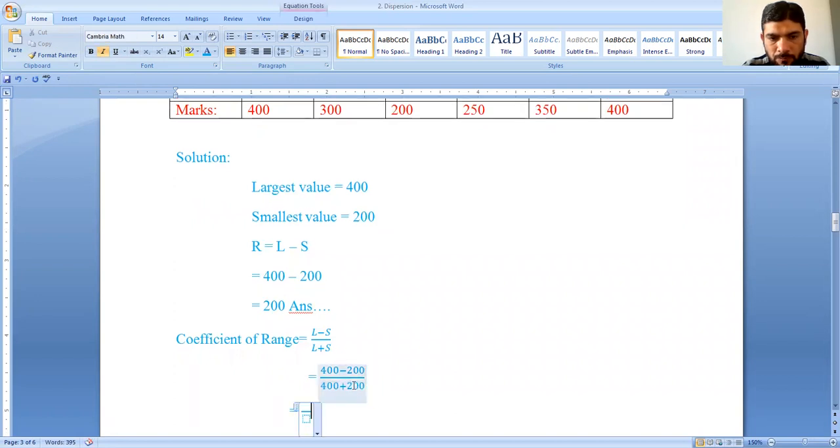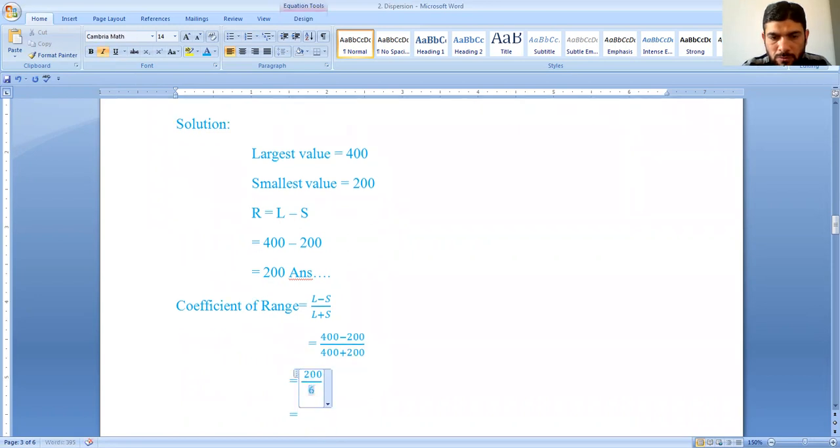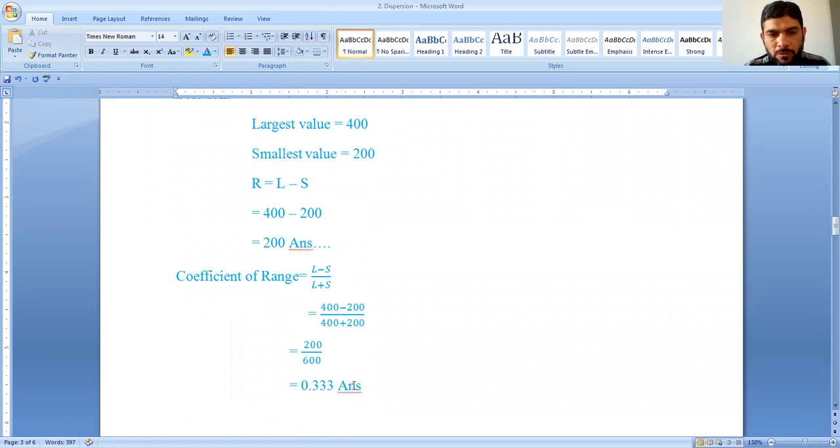It will be 200 upon 600, that means 1 upon 3, that is 0.333. The answer is 0.33.